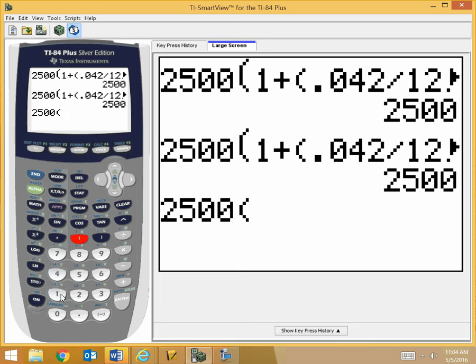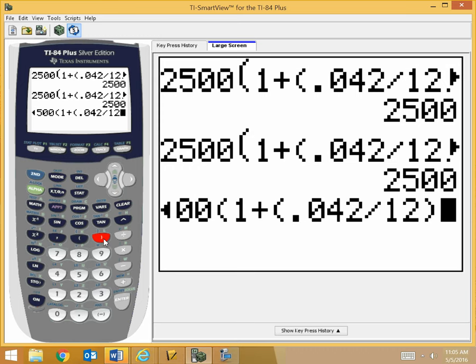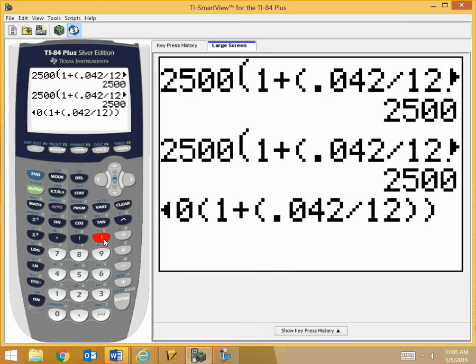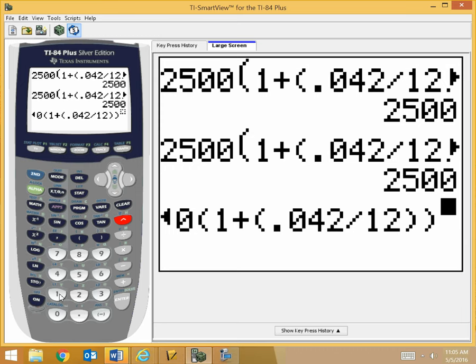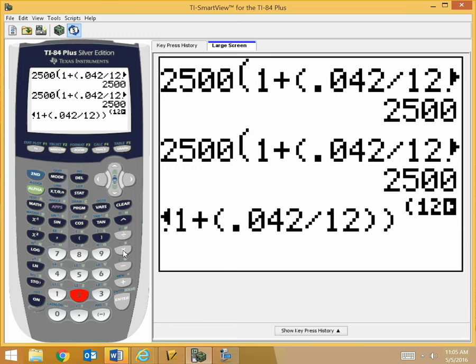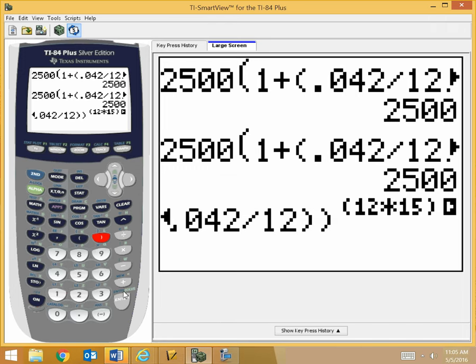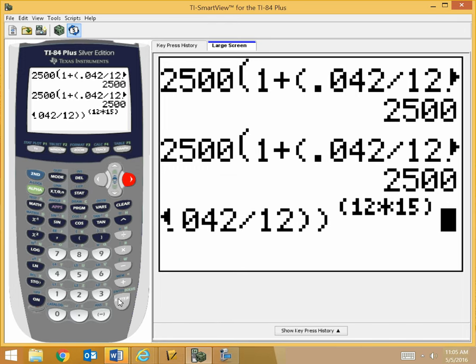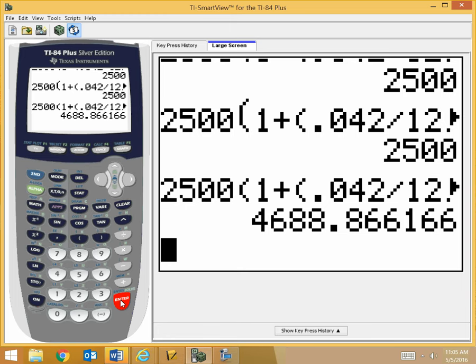Times the quantity of 1 plus, in parentheses, 0.042, because that's my 4.2%. Divided by 12. Did I not double parenthesize this? To the, in parentheses, 12 times 15. Knock that down, enter, there I go. Okay, I think I dropped a parenthesis, so that's a lesson learned for me.